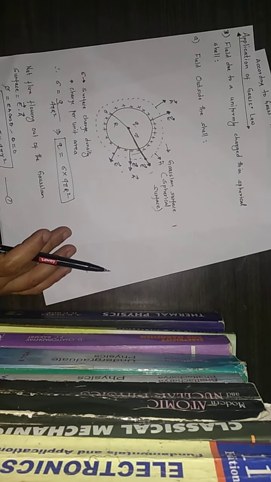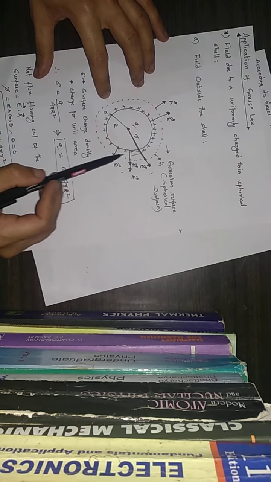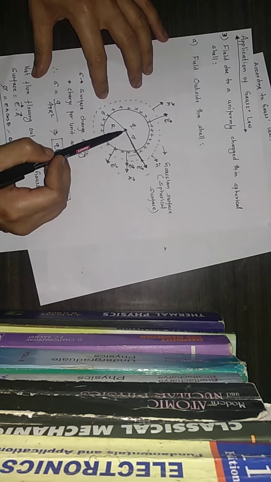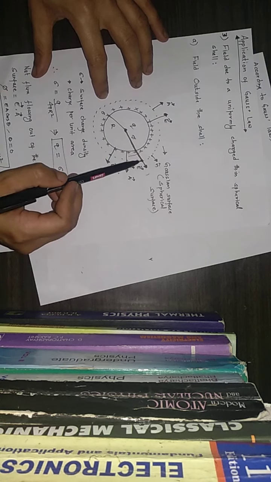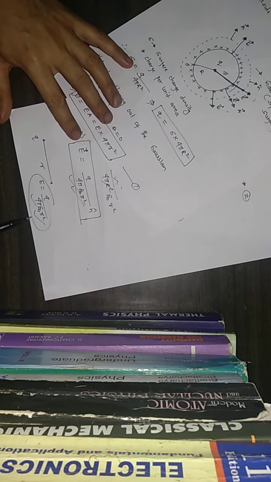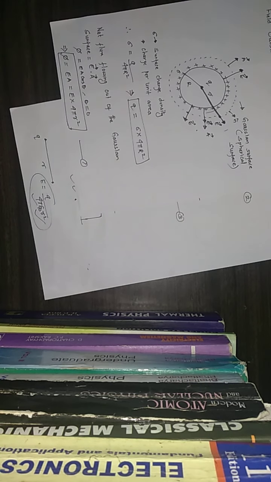So this is the conclusion. This spherical shell will behave as if the entire charge of the shell is concentrated at its center. Hence, at any distance from the center, the value of the electric field will be this much or this much. So this is the value of the electric field outside the shell due to a spherical shell.